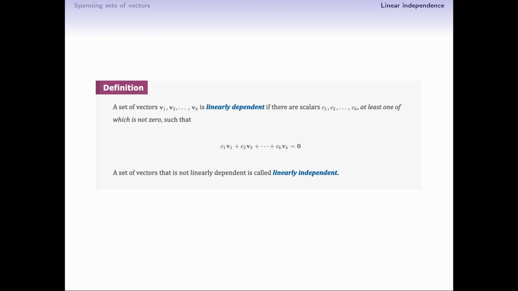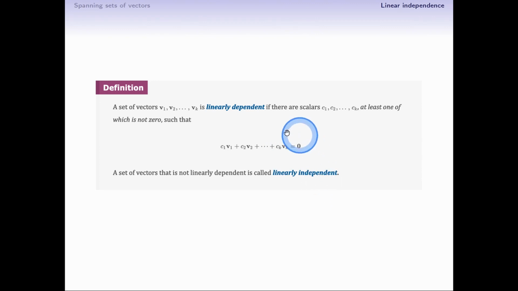This is one of our most consequential definitions of the semester. So we're going to study this definition and work out some of its consequences. All right. A set of vectors v1 through vk is declared linearly dependent if there are scalars c1 through ck, and this is important, at least one of which is not 0, such that the linear combination c1v1 plus c2v2 on out to ckvk equals the 0 vector.